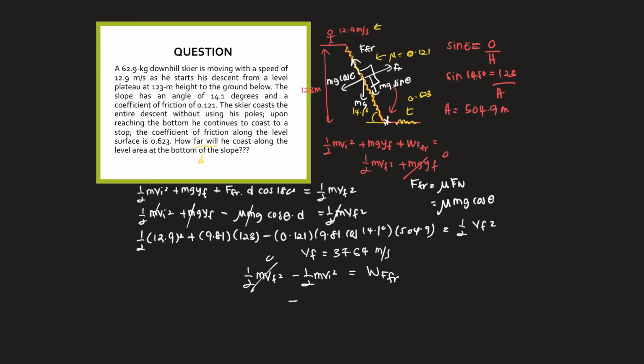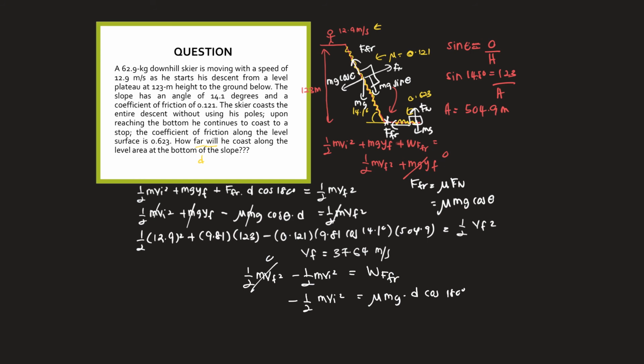So this one is negative 1 over 2 mv initial square equals, okay, because at the bottom you only have Fn, mg and the friction, so it's going to be negative mu mg d cos 180 degrees, because the friction opposes the direction, opposes the d.